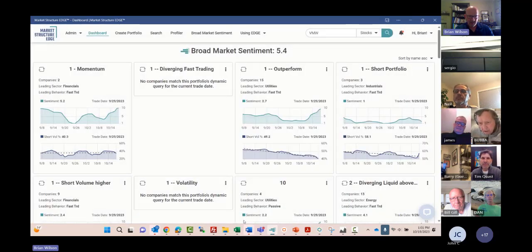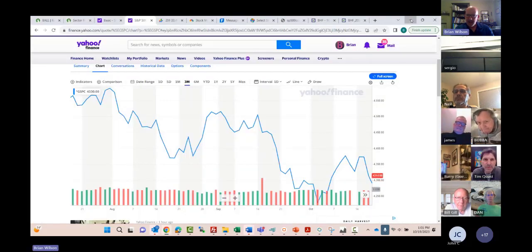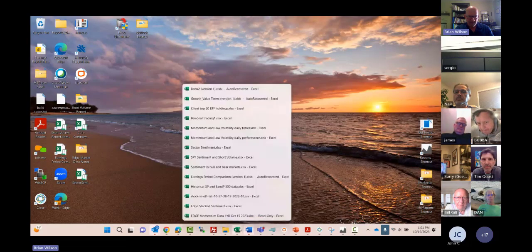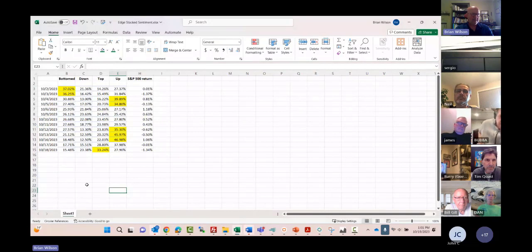I'll share one other item with you. I think I have time to do this. And it's not something that we have on Edge, but we'll basically share the dynamics with you if we see it kind of affecting the setup. And this is actually from John Cook. It's an idea that he provided for us.